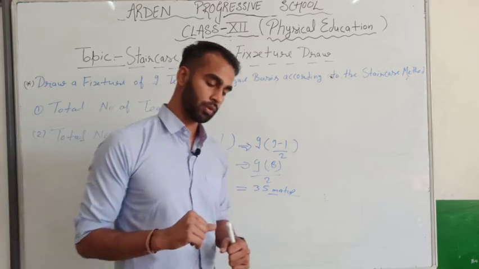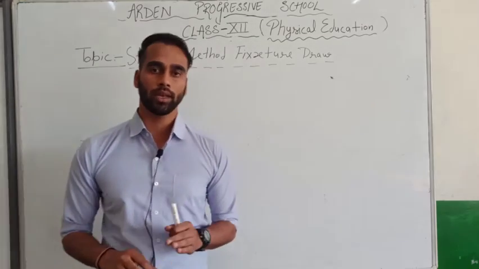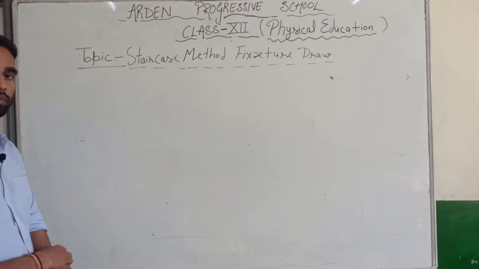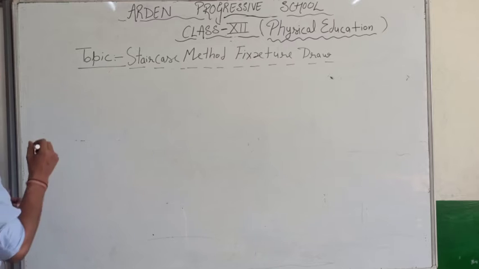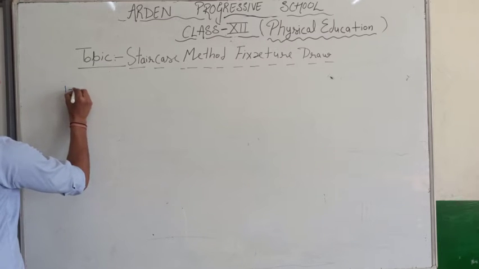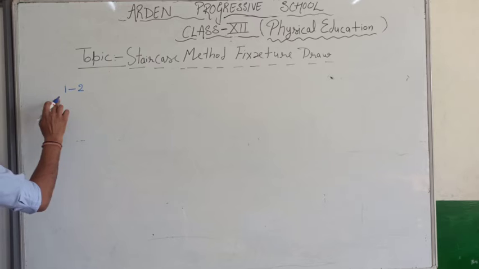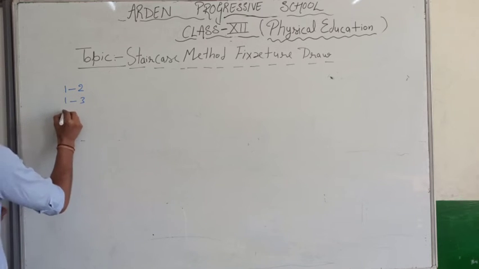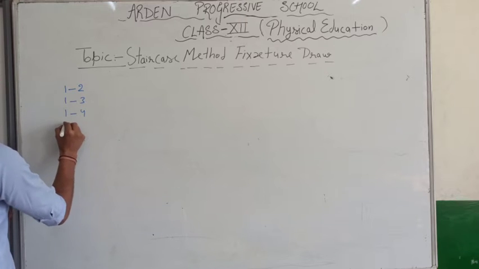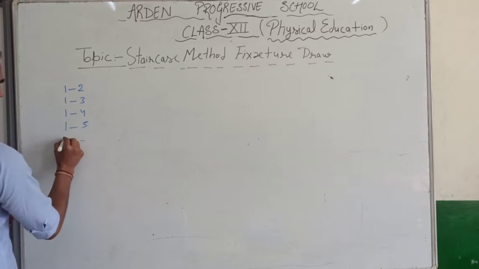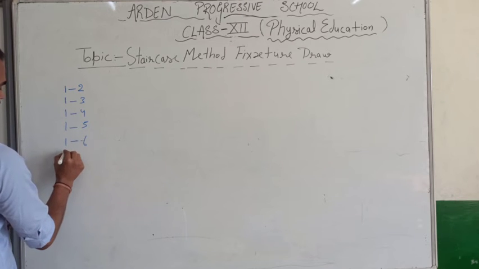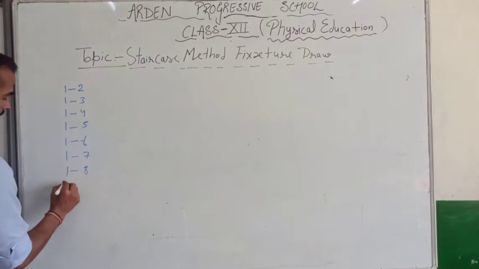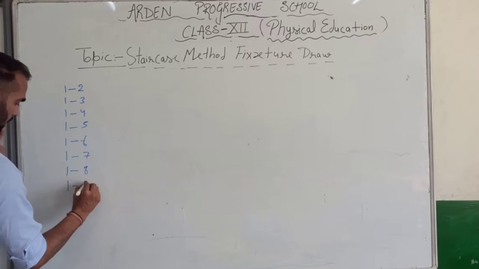In the staircase method, to draw the picture, first we write the numbers of all teams. First write number 1 dash number 2. Then we write number 1 number 3, again number 1 number 4, number 1 number 5, number 1 number 6, number 1 number 7, number 1 number 8 and number 1 number 9.